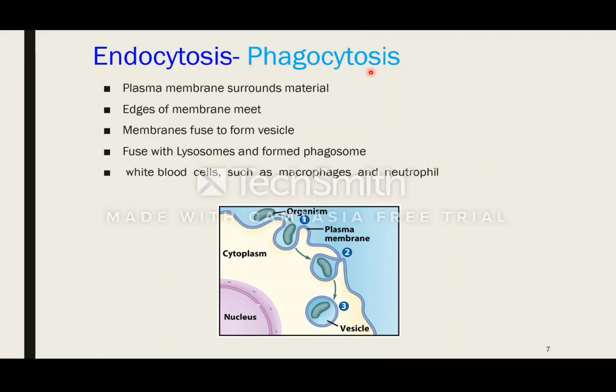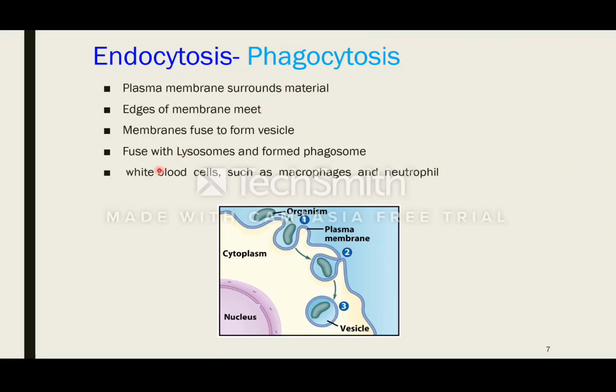It starts with the surrounding of the material by the cell membrane; the edges of the cell membrane meet and fuse together, and they form a vesicle, and this vesicle finally fuses with lysosomes and forms the phagosome. A phagosome is a vesicle that includes solid material such as microorganisms or bacteria.